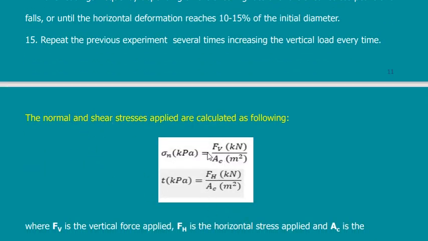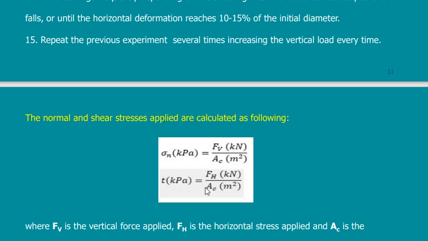This is a definition of what the normal stress and the shear stress are. The normal stress is the vertical force divided by the area that will be sheared, and the shear stress is the horizontal force that you are applying, also divided by the same area, because in this test you are forcing the sample to be sheared at a specific plane.